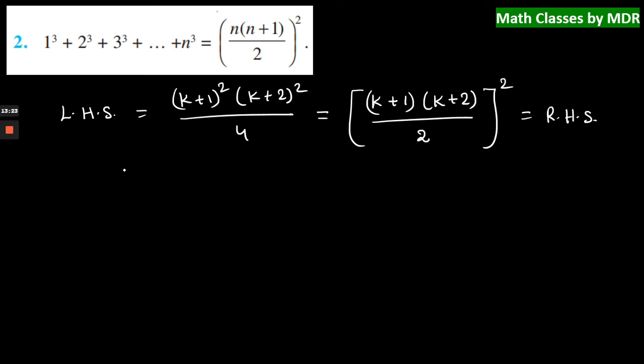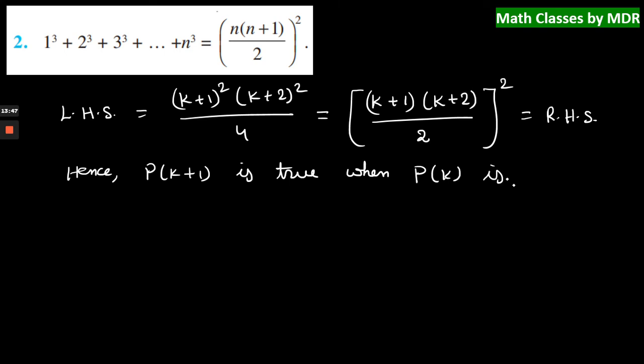Hence proved. Hence we have proved that P of k plus 1 is true when P of k is true. So the principle of mathematical induction says that if P of k plus 1 is true when P of k is true, then the given statement is true.